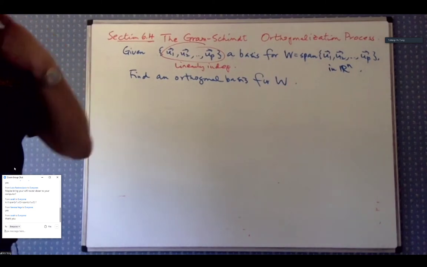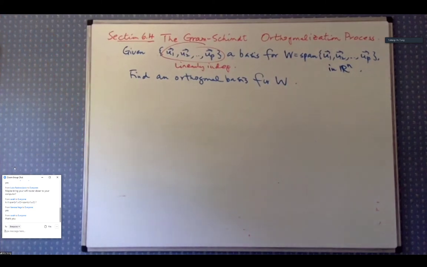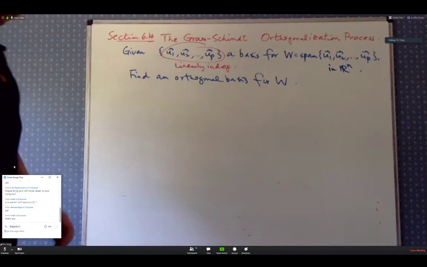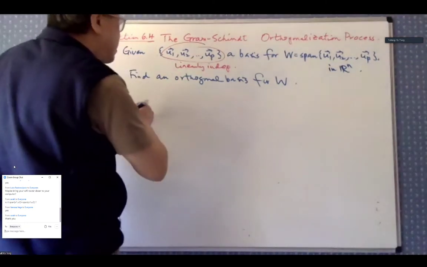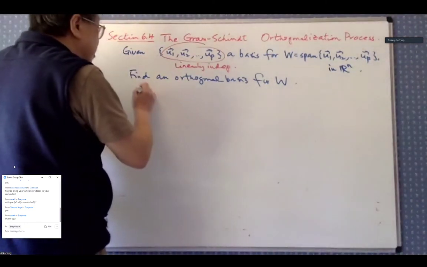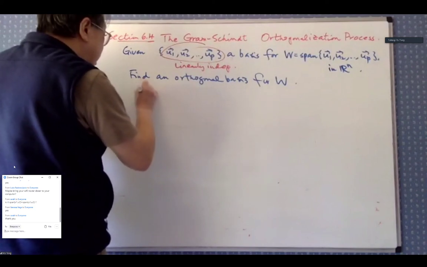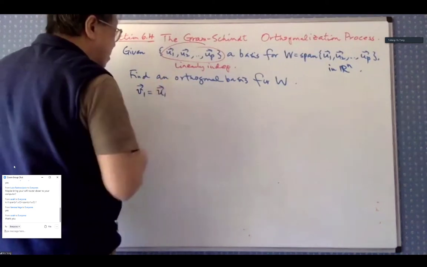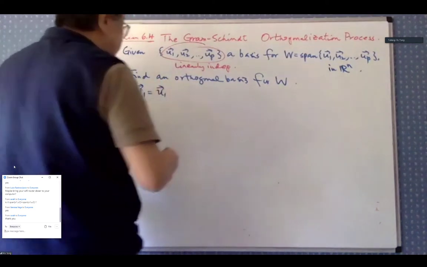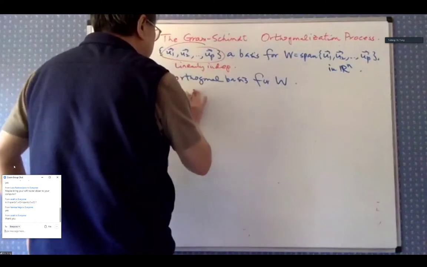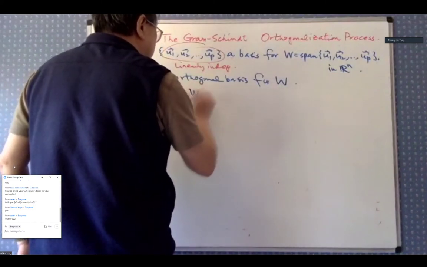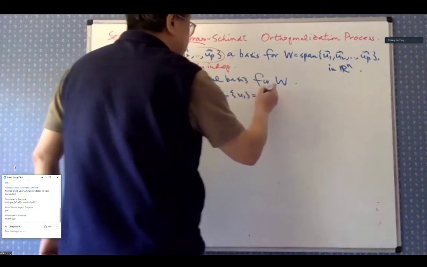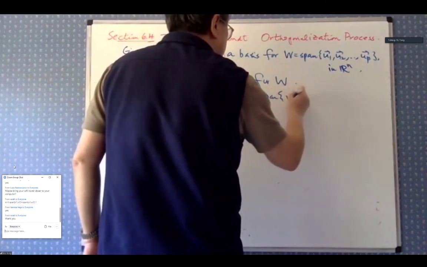So the procedure is the following. I'm not going to have enough time to do an example today, but we'll do it on Wednesday. Let me write down the algorithm for you. V1 is equal to U1. That's step number 1. So W1 is just equal to the span of U1, which is the same as the span of V1.